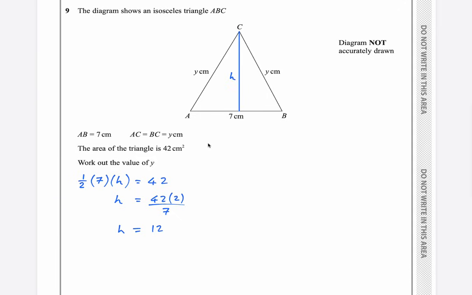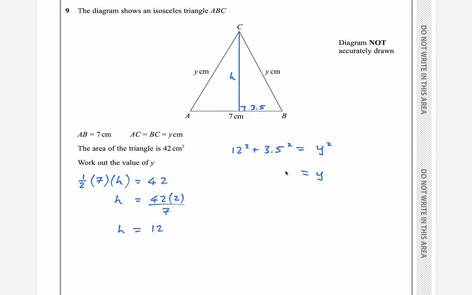Now I can use Pythagoras' theorem, because if the height is 12, this is 3.5 because it's half of this. This is a right angle. So I can say 12 squared plus 3.5 squared equals y squared.